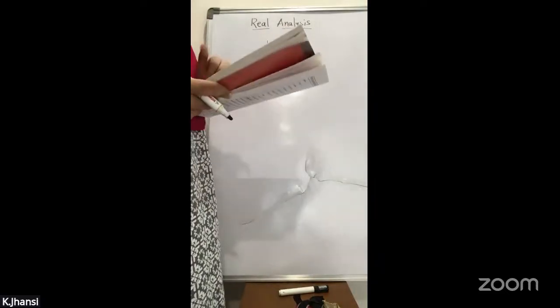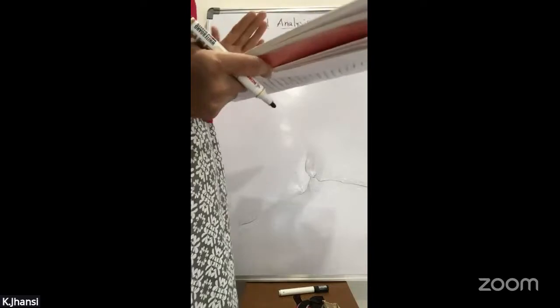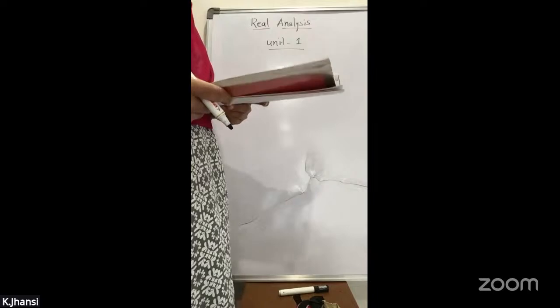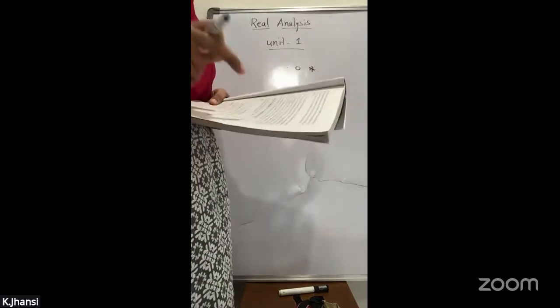So if a set of real numbers satisfies these additive properties and also multiplicative properties, then the set of numbers forms an ordered field.